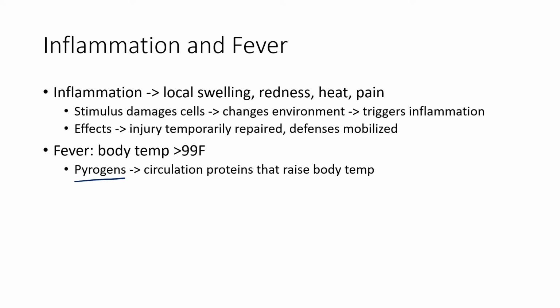And pyrogens can be released by pathogens, so something that shouldn't be in your body, or may be released by your own body in order to kill off various pathogens. It sort of depends. Also, fevers can be a result of your immune system naturally fighting off a pathogen. It just sort of depends.